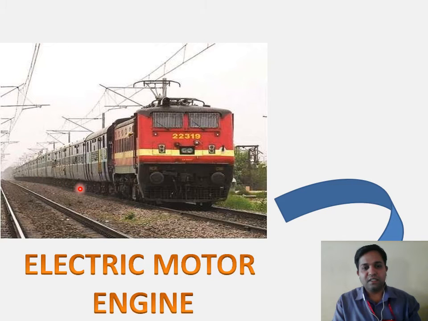These in turn drive this entire train with the help of this electricity. In this particular traction system, we are not going to use any engine. Instead, whatever electricity we tap out from the transmission line is given directly to these motors, which in turn drive this entire locomotive.